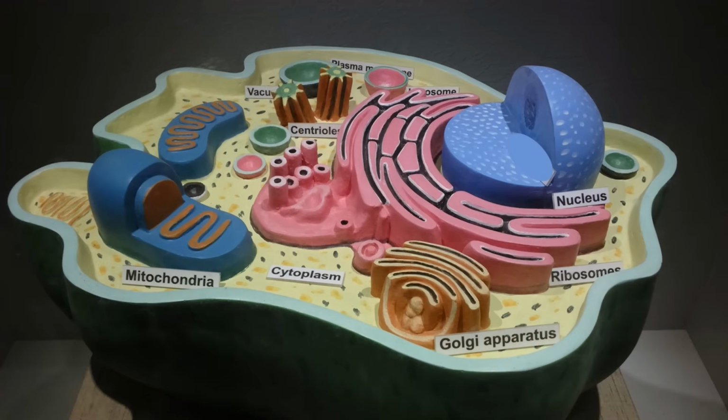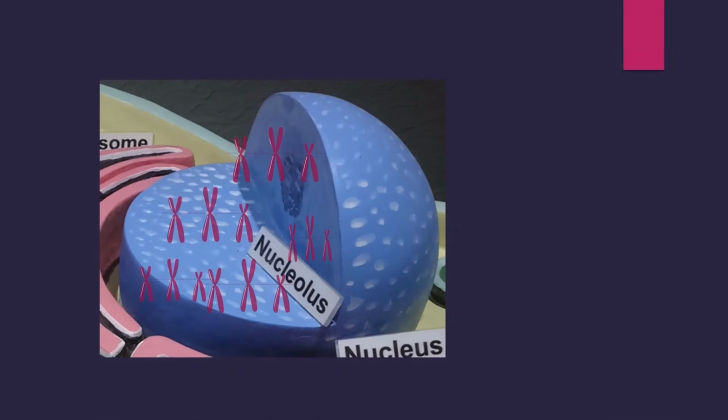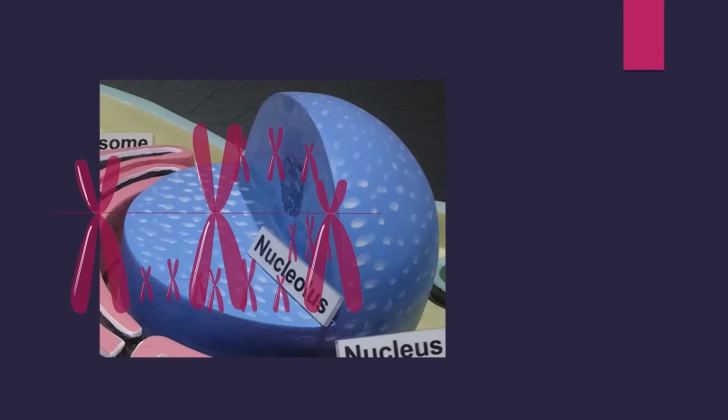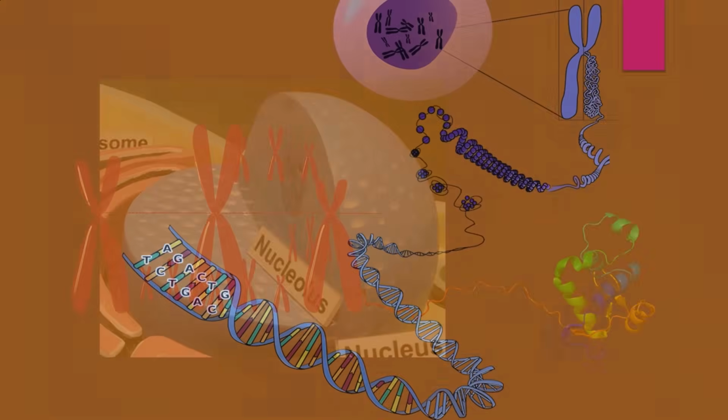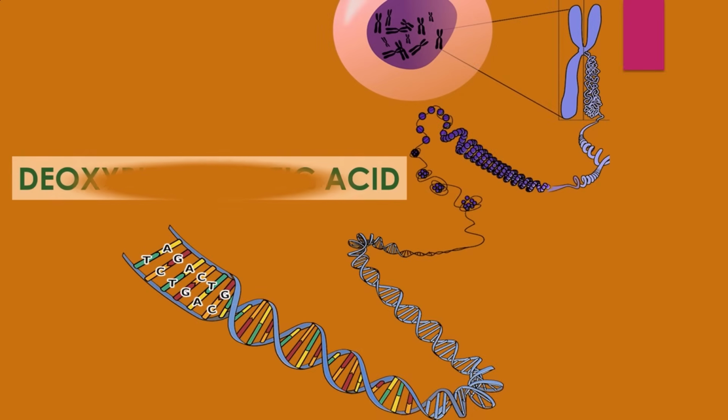Almost all eukaryotic cells contain a nucleus. The nucleus is the prominent spherical structure in the cell. It contains chromosomes. Chromosomes are packs of DNA, a thread-like structure. DNA, deoxyribonucleic acid, is a molecule that appears as a double helical structure under an electron microscope.